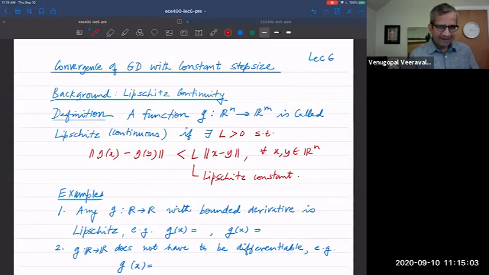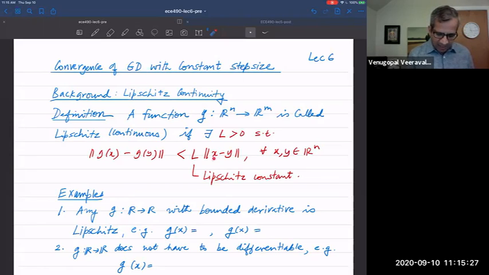If you think about it, the definition of continuity of a function says that if x is close to y, then g(x) must be close to g(y). And you can actually establish that. In fact, you get uniform continuity over the entire space Rn for this function g just by this Lipschitz condition, because that's exactly what this is saying.